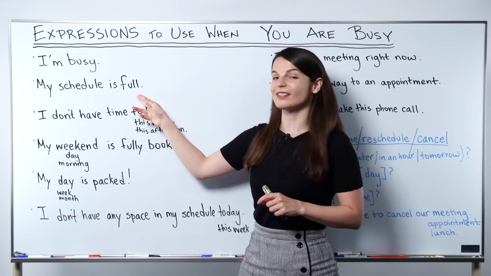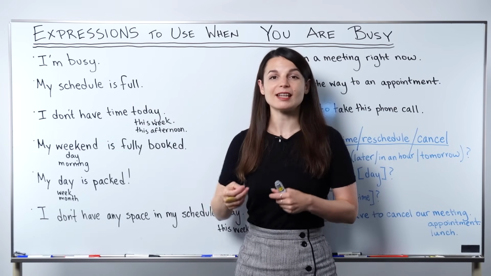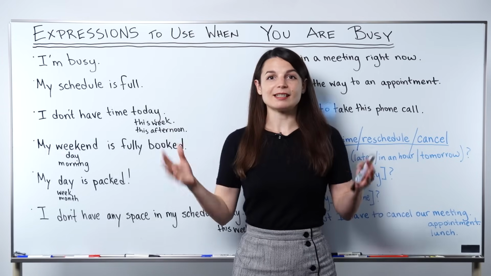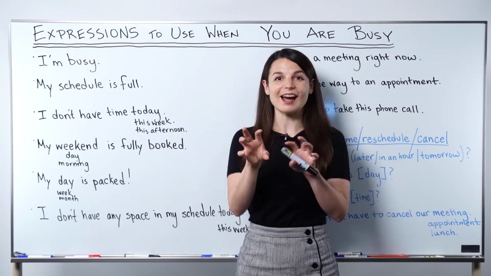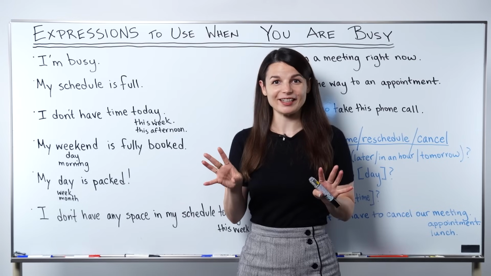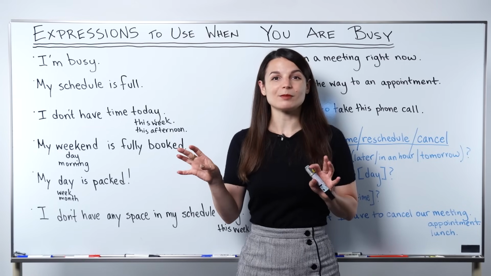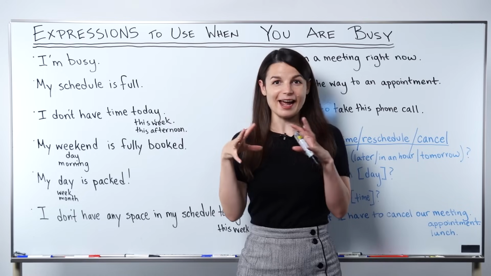So let's look at this next one. My schedule is full. So full in this case means that there's a lot of something. Everything that you could possibly put inside your schedule is there already. So with work or with activities, with other responsibilities, whatever it is, your schedule is 100% at capacity.